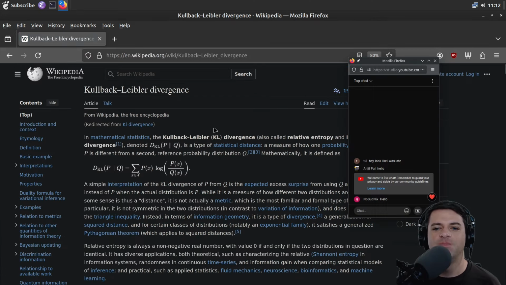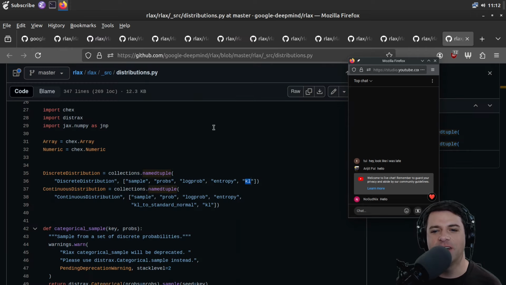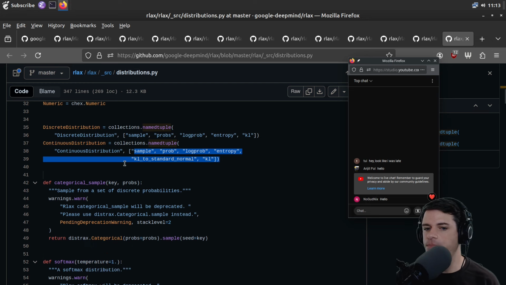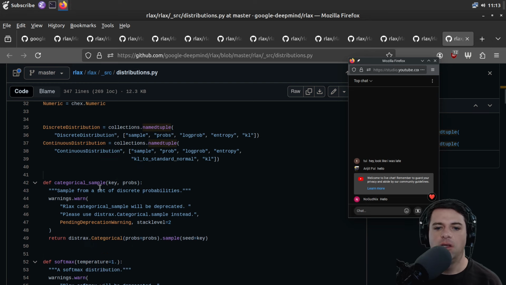I get Kullback wrong like 100% of the time. All right, Kullback-Leibler divergence, I assume is what KL is, and then continuous distribution has sample, prob, log prob, entropy. So this doesn't seem to be any particular distribution. Maybe it's like some sort of ad hoc distribution.